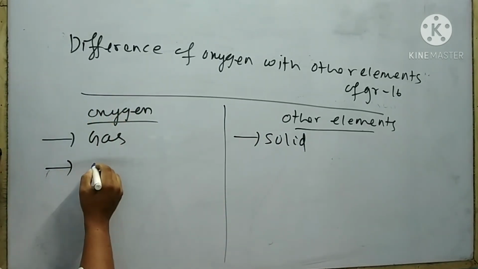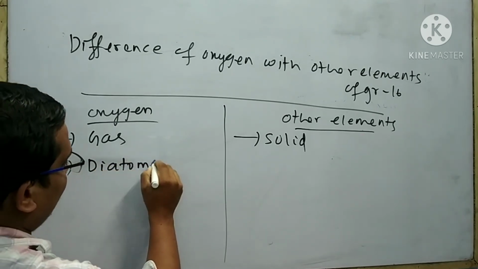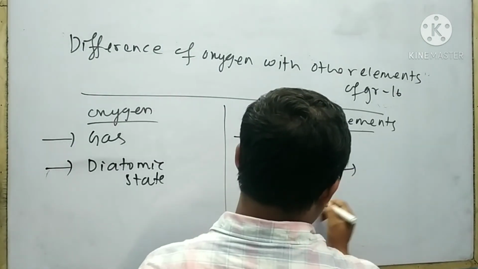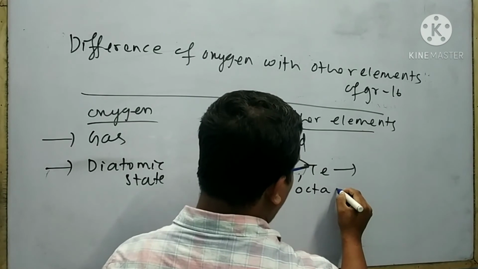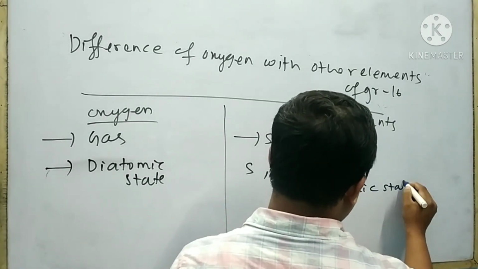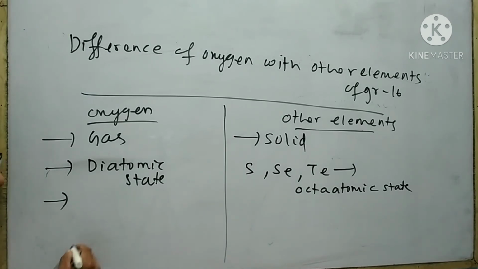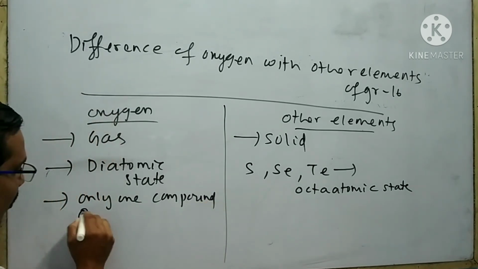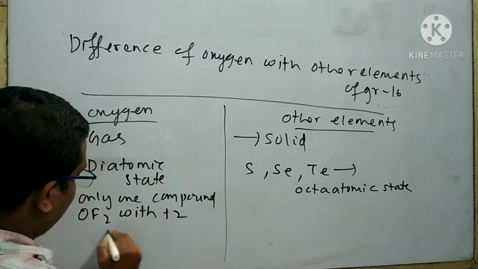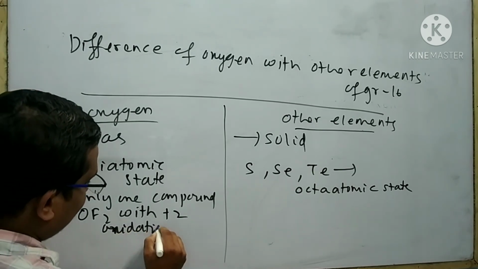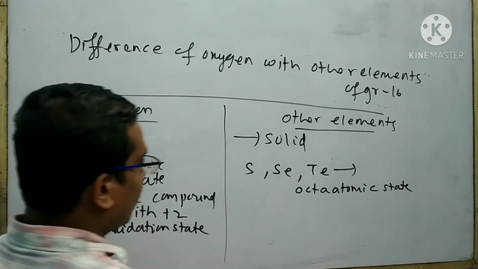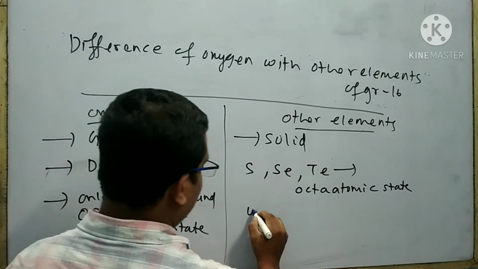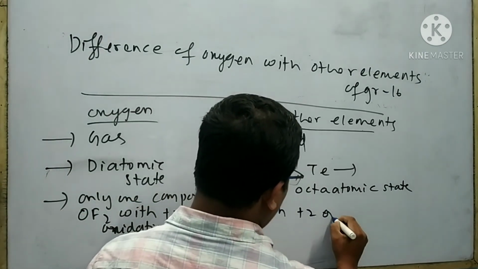Next point is oxygen exists in a diatomic state while sulfur, selenium, tellurium exist in an octaatomic state. Oxygen can form only one compound, OF2, with the +2 oxidation state, while the other elements can form several compounds with the +2 oxidation state.